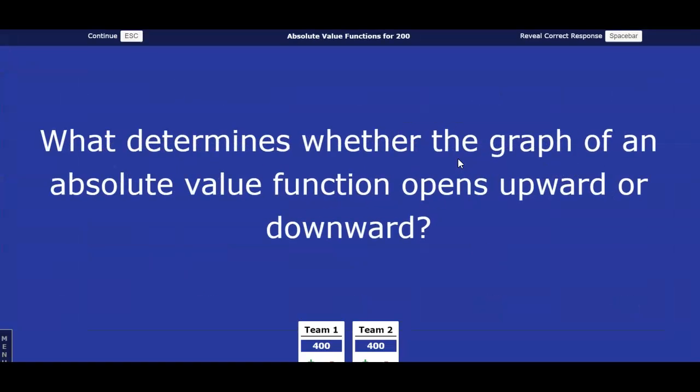All right, what determines whether the graph of an absolute value function opens up or down? What value, like what letter? The letters on an absolute value, which one makes it open up or open down? Like, is the V going to be this way or that way?